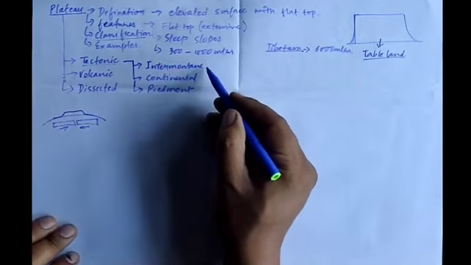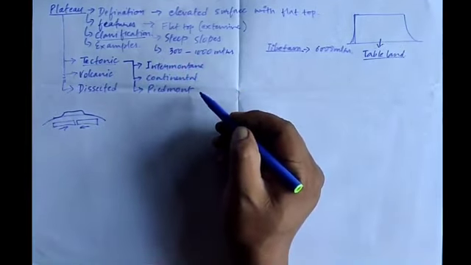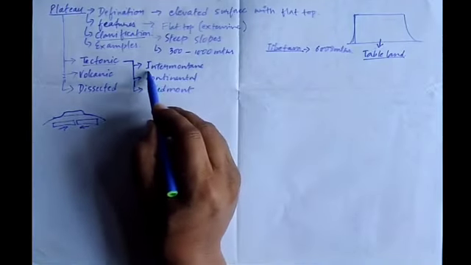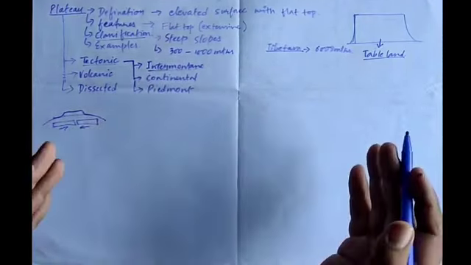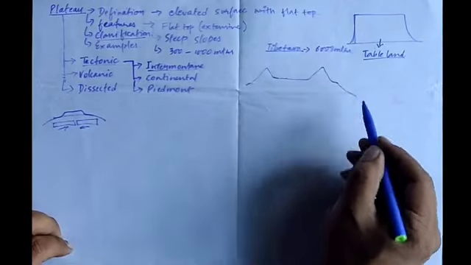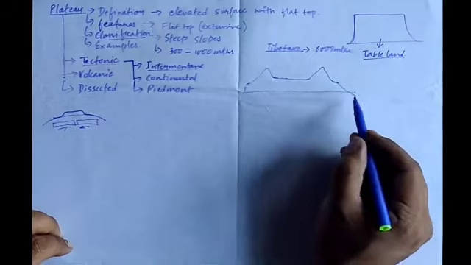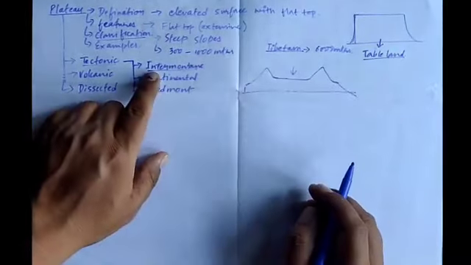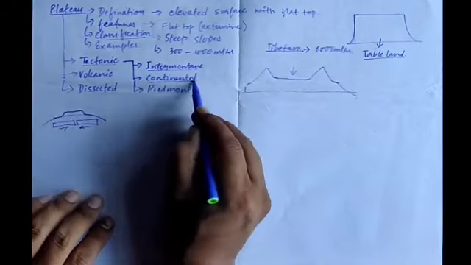Those kinds of plateaus are known as tectonic plateaus. Now the intermountain plateau: intermountain means the plateau which is in between the mountains or surrounded by the mountains. Those kinds of plateaus are known as intermountain plateau.